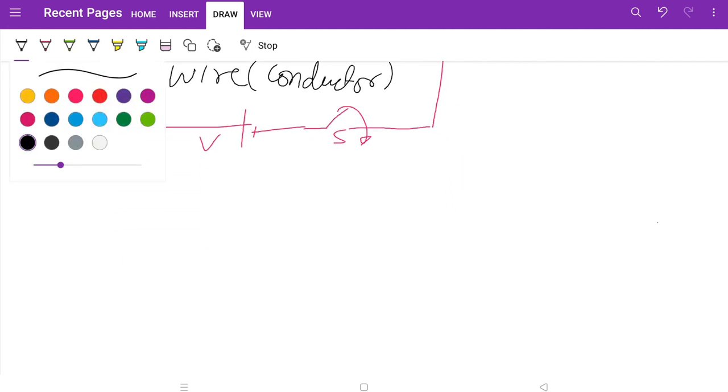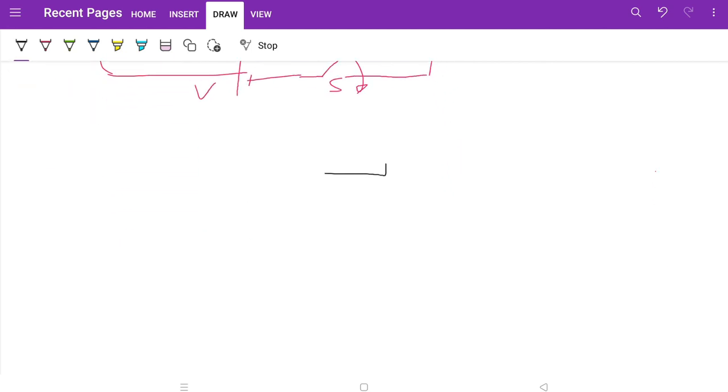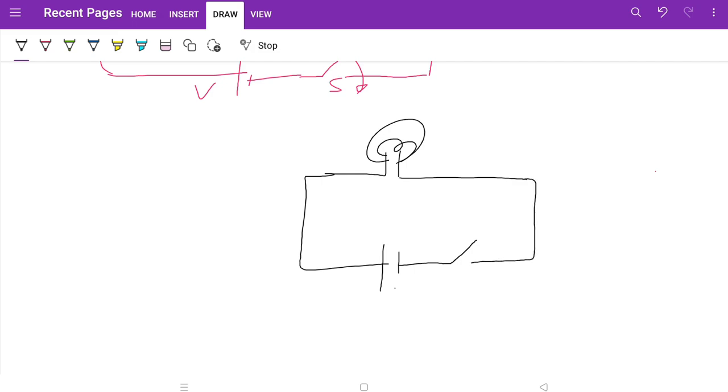Now look at the circuit here. Now, the moment when I closed the switch, this wire, this is a conducting wire, right?